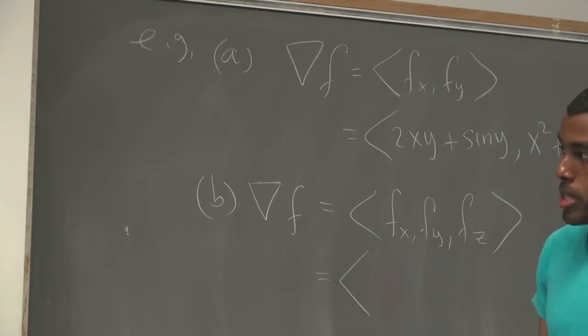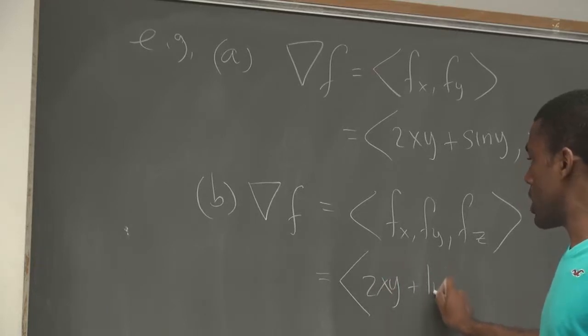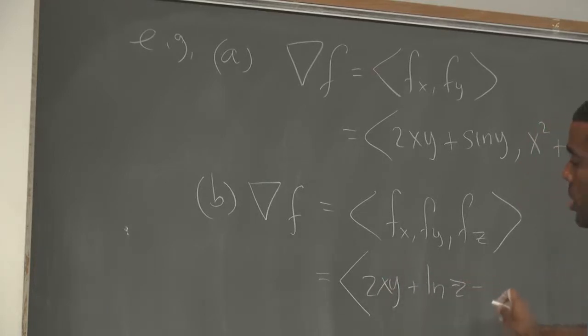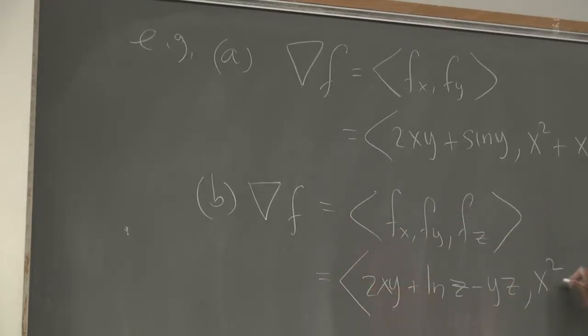So partial with respect to x is going to be 2xy plus ln z minus yz, comma, partial with respect to y is going to be x squared, and the middle term goes to 0, minus xz, comma, partial with respect to z, x over z minus x, minus xy.